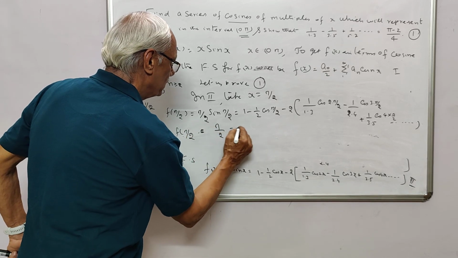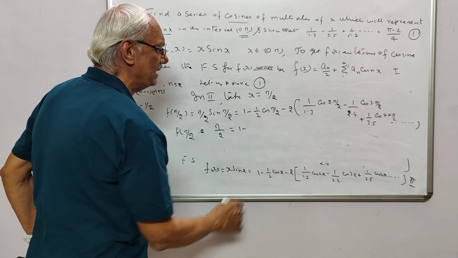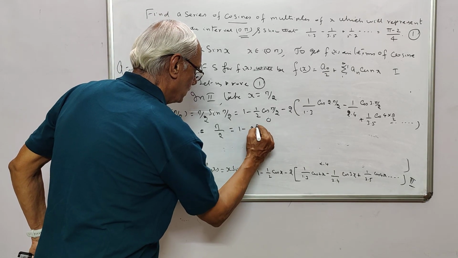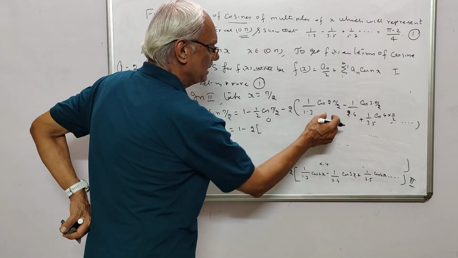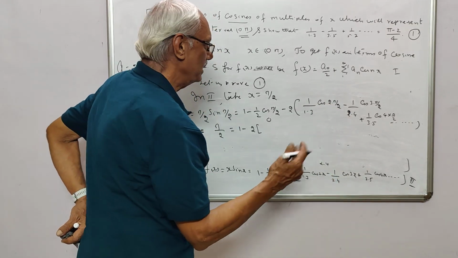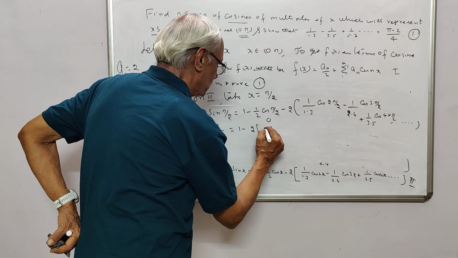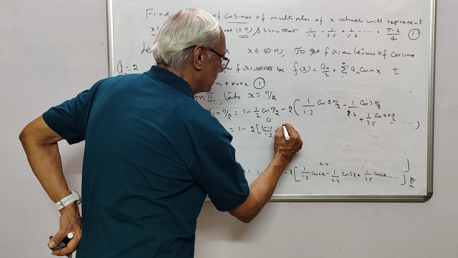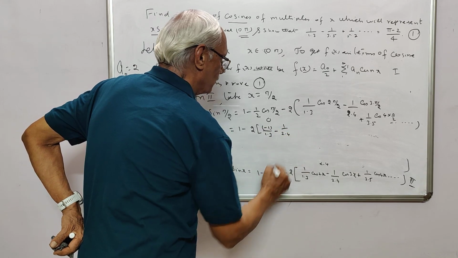This is pi by 2 is equal to 1 minus, sine 90 is 0, so this goes off. Minus 2 into, see, this is 2 and 2 will go off. Cos pi is minus 1, so it is minus 1 divided by 1 into 3 minus 1 by 2 into 4.